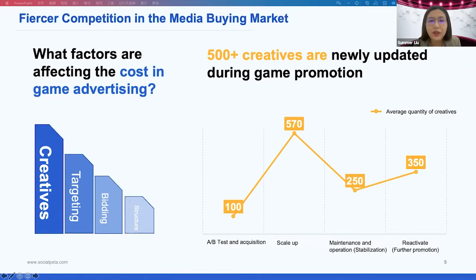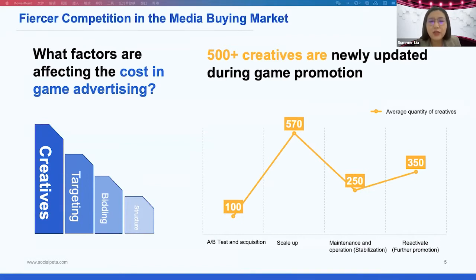And it's clear that there is very fierce competition in gaming, especially in media buying now. So we would like to share some other observations. We can see from the right line chart, which is the yellow curve here, from the perspective of media buying, we think that there are 4 stages.